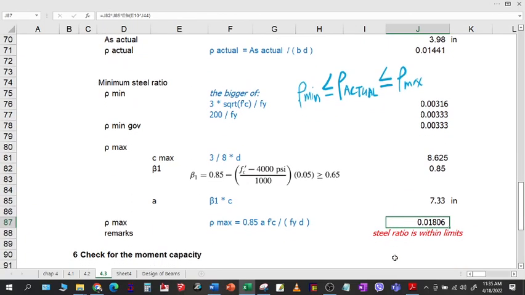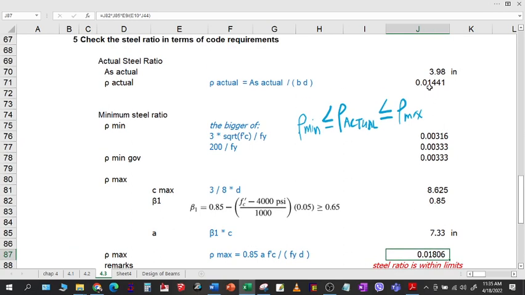Our rho minimum is 0.0033, our maximum is 0.018, and our actual is 0.014, so it is within limits. This one is satisfied.